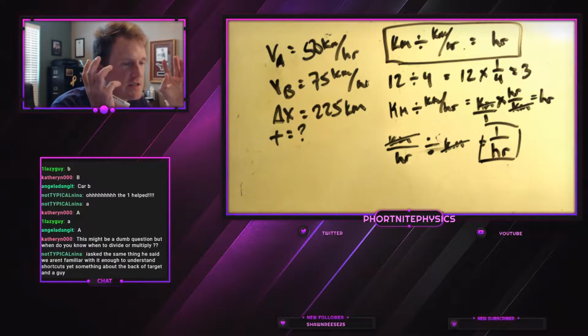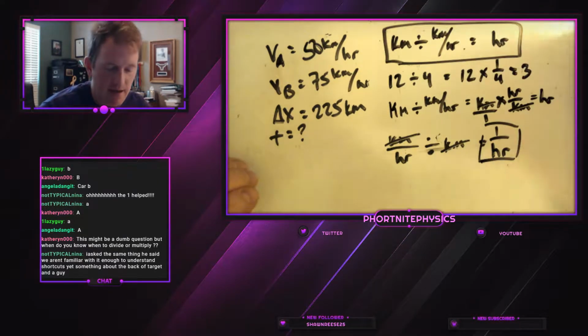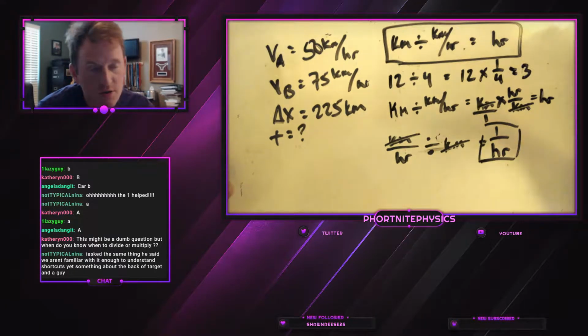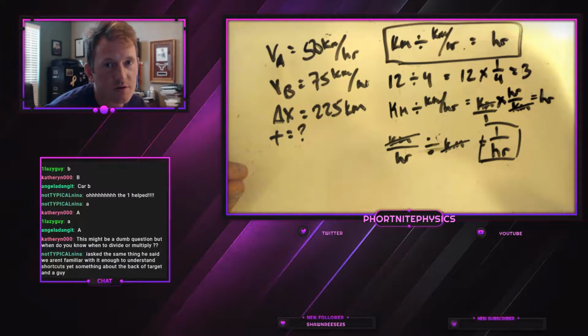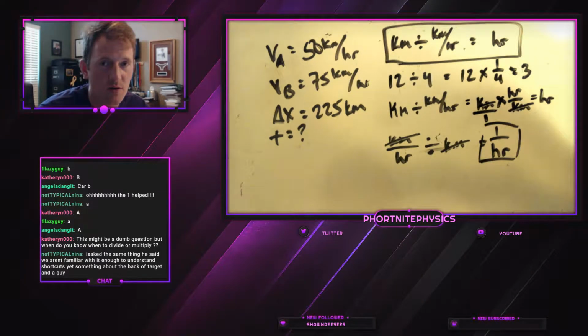Okay, so let's talk a little more in depth. How do we know when to divide and when to multiply? A little like what Nina is saying, you guys are still new enough with this material that it is unlikely that you'll recognize as quickly as I do what needs to be done exactly when.